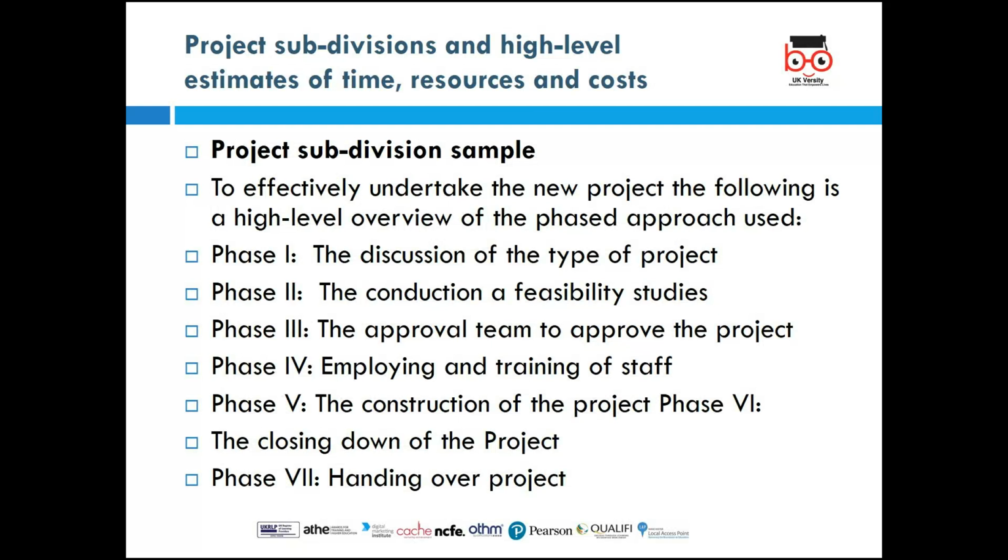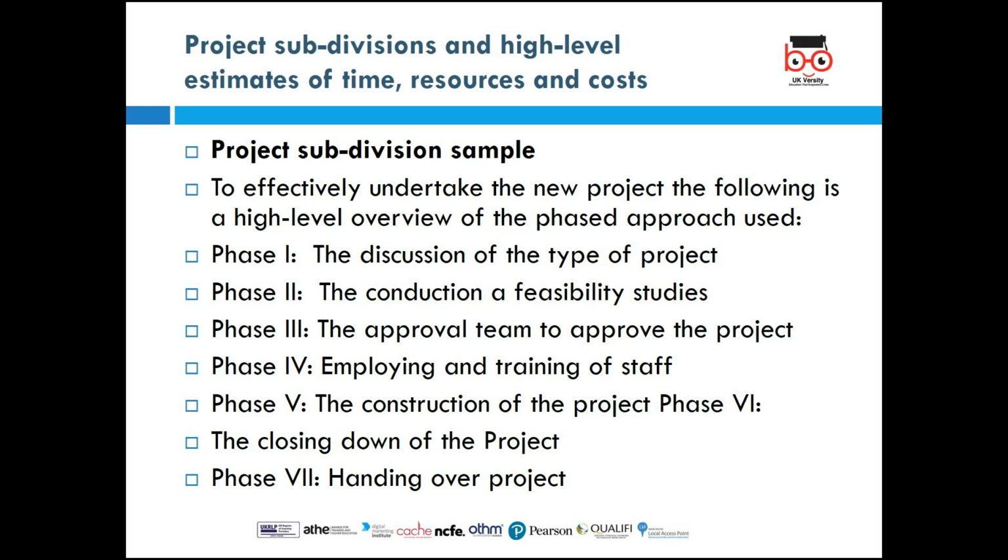The next phase, phase 4, will be employing and training staff on the contract. Phase 5 will be the construction phase of the project itself. And after construction, the next phase will be the closing down of the project. And then the last phase will be handing over the project. So a project can have different subdivisions.